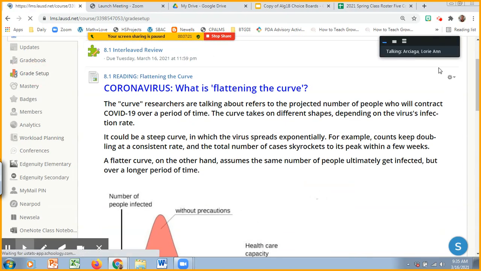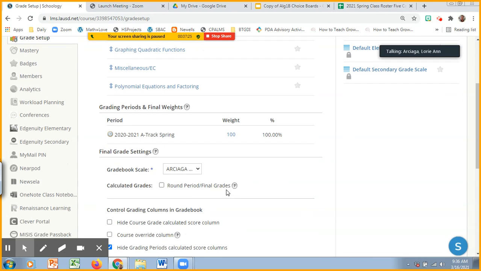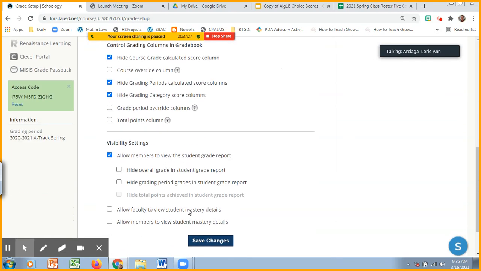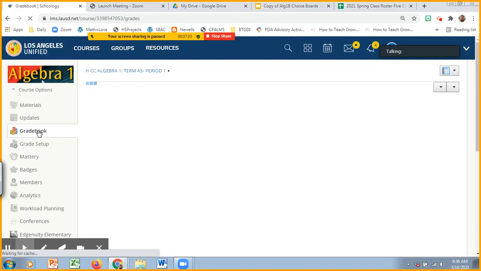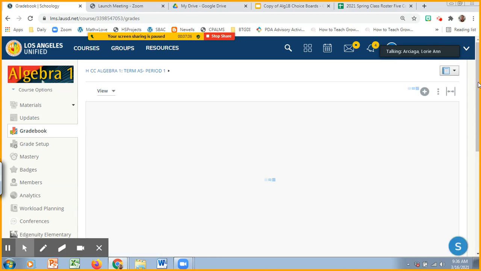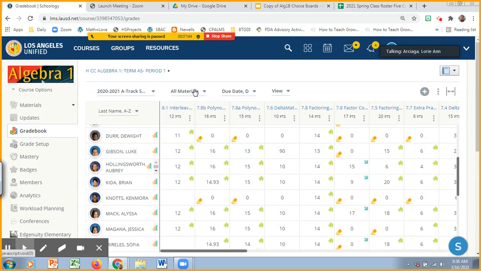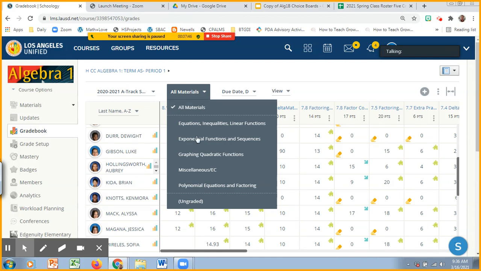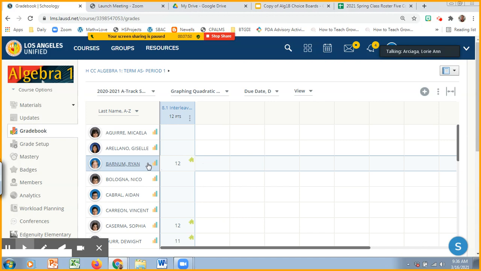I'm not sure if the grades are showing, so I'm just going to hide your grade. All right, did anybody get to submit it? Did I give you enough time? I have to help my kids get started with you. Graphing quadratic function.